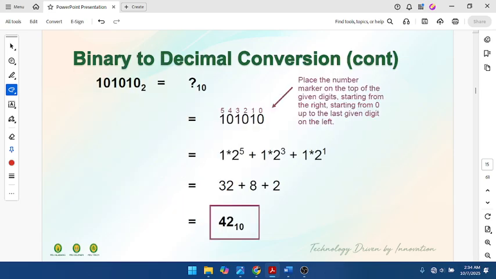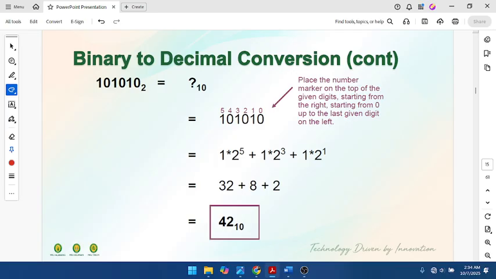Okay, so we have another example. We have 101010, base 2. We will convert it into decimal. First, we will assign a place value index, or number marker, to each digit.